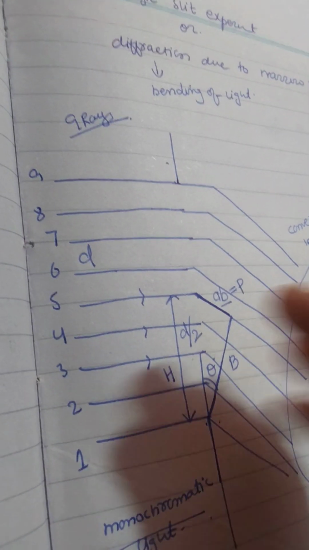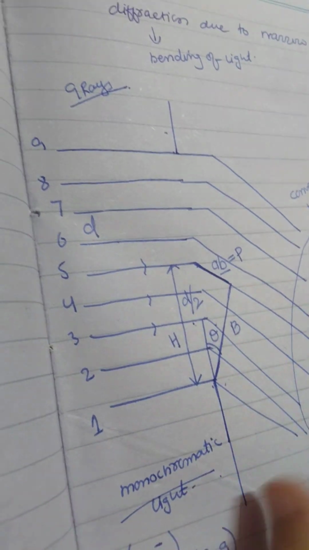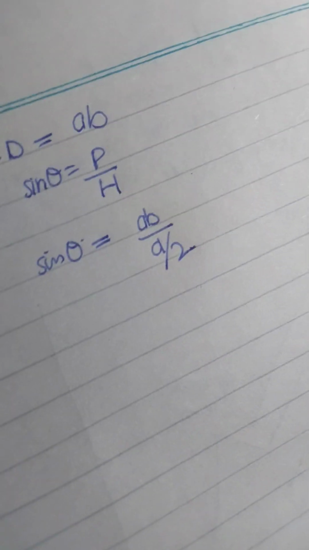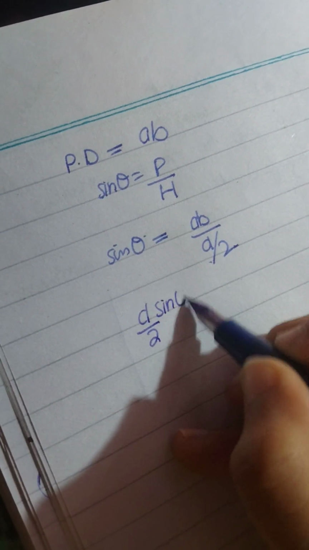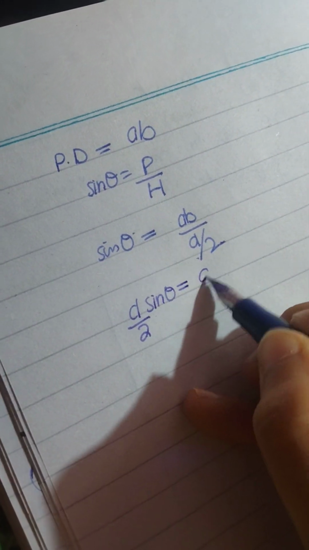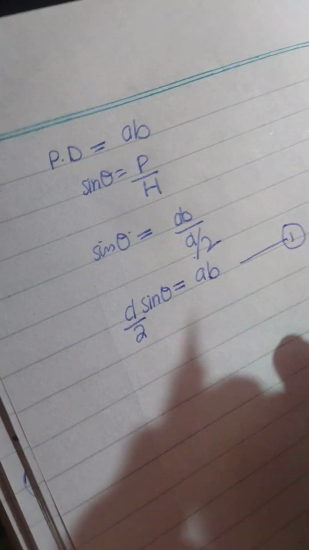As you can see over here, this is basically our hypotenuse, and hypotenuse is equal to D by 2. That's why we have put D by 2 over here. So when this is multiplied, it will be D upon 2 sine theta is equal to AB. This is our equation number 1, right?